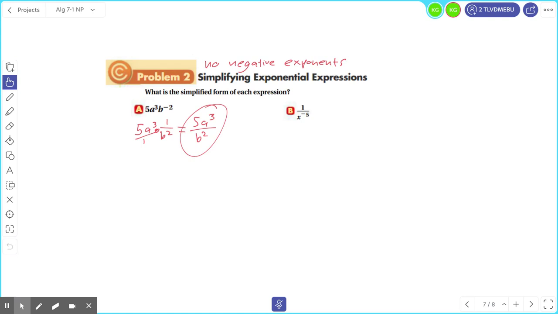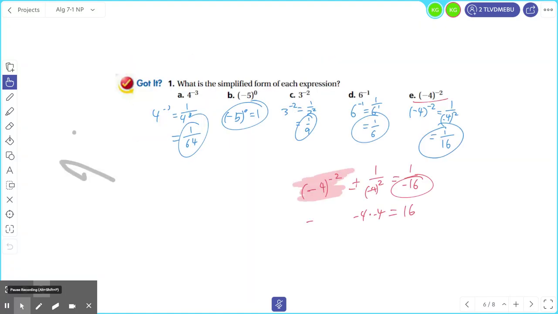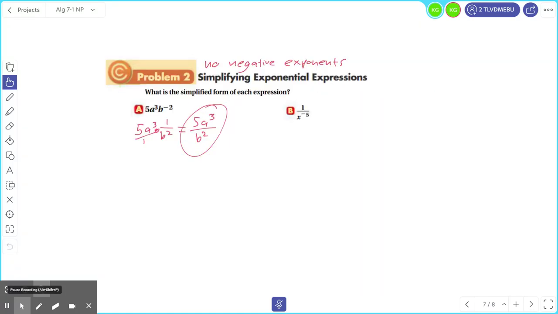Here we have a negative exponent in the denominator. There's a couple different ways to think about this, but the one we are going to use is that we'll rewrite it like this: 1 divided by x to the -5.